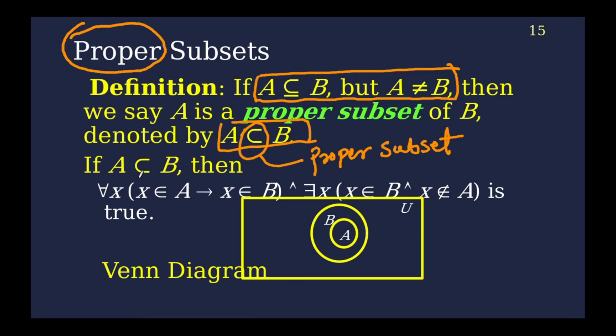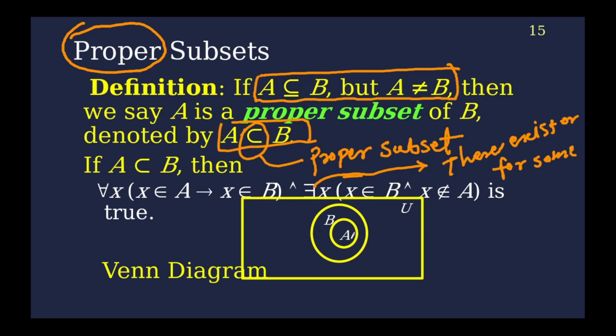If A is a proper subset of B, then for all X belongs to A, X belongs to B, and there exists an X. This symbol is read as there exists, or it can be read as for some. There exists an element X such that X belongs to B, but X does not belong to A.